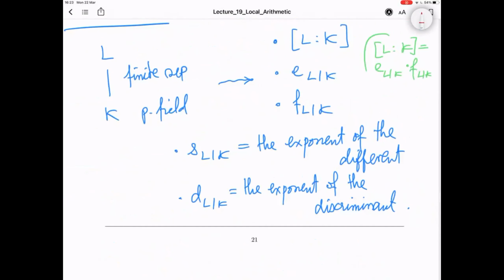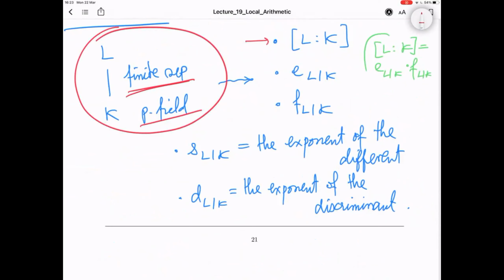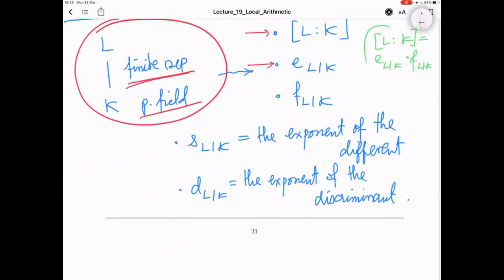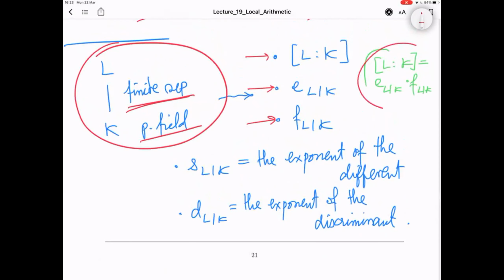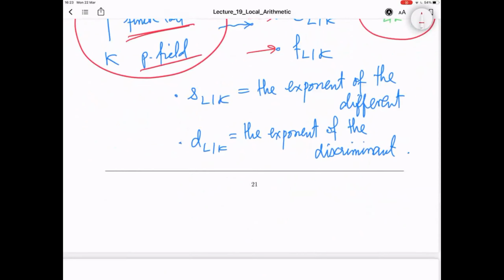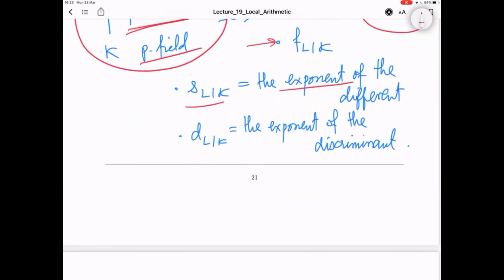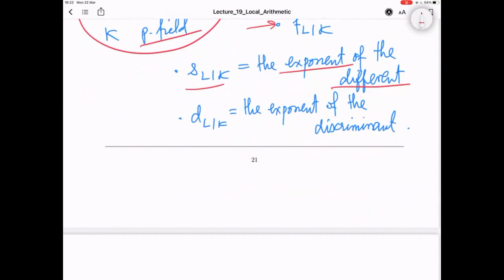So now if I have the same situation, I have a P field K, I have a finite separable extension L, then I have various invariants attached to this situation. I have the degree of the extension, I have the ramification index, I have the residual degree, and of course I have the formula which says that the degree is the product of the ramification index and the residual degree. But now today, we have also defined the exponent of the different and the exponent of the discriminant.